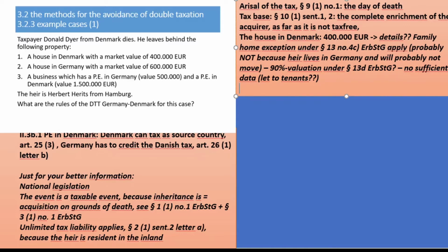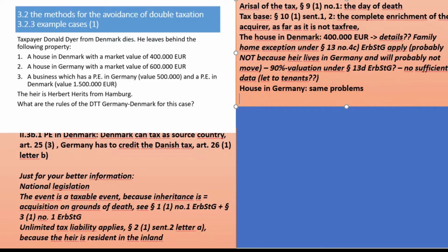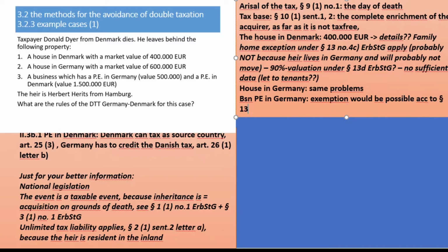Furthermore, the house in Germany, same problems. And the business PE in Germany, exemption would be possible according to paragraph 13a, 13b, 13c of the Inheritance Tax Act.